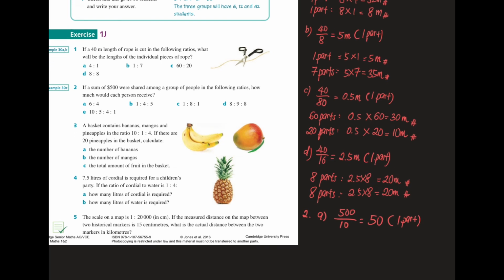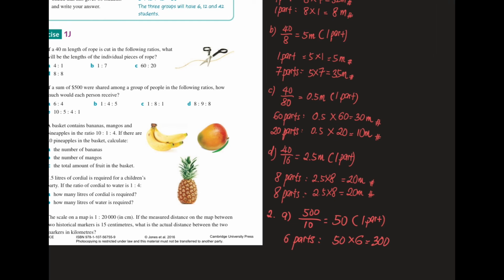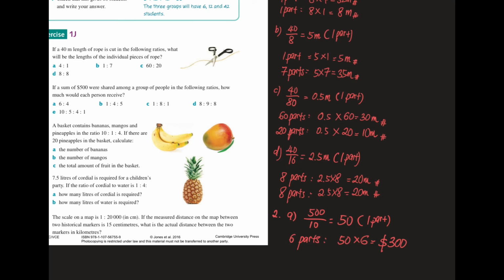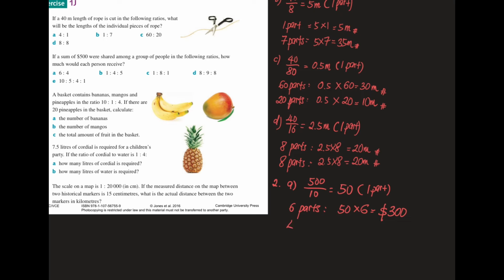Now in our question we have 6 parts. $50 times 6, we get 300. So $300 is the representative of 6 parts.